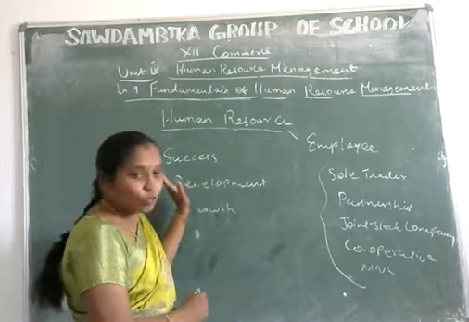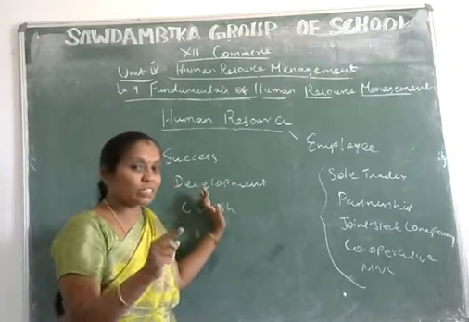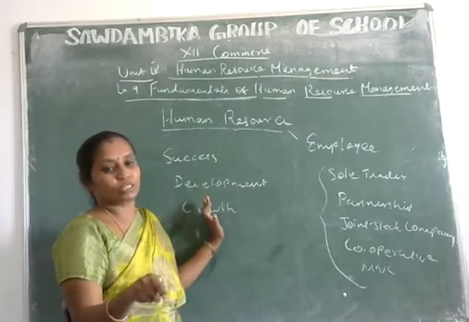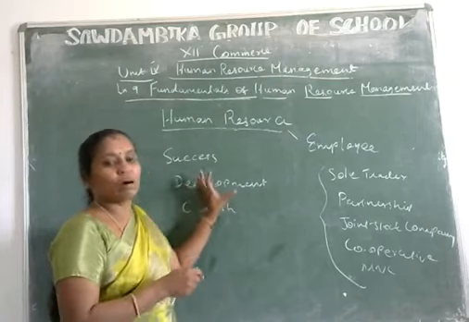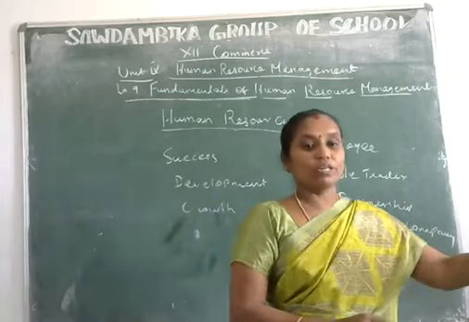So all human beings are not human resources. I am one of the human beings, one of the employees in the organization. But all human beings are not human resources.